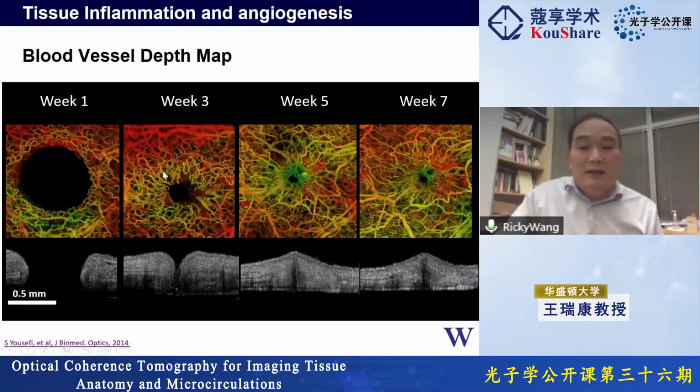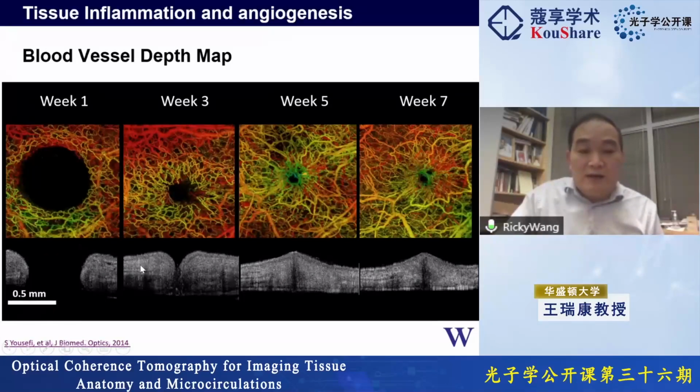This is really angiogenesis happening over here, and then migration, and eventually the scar formation. The beauty of the OCT system is that it not only gives you the vasculature involvement in the wound healing, it also gives you morphological information.